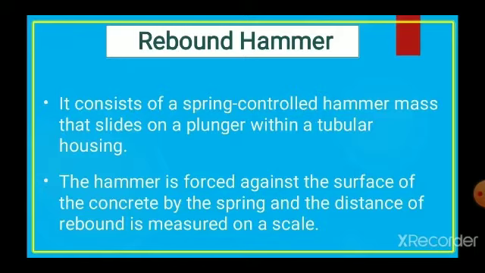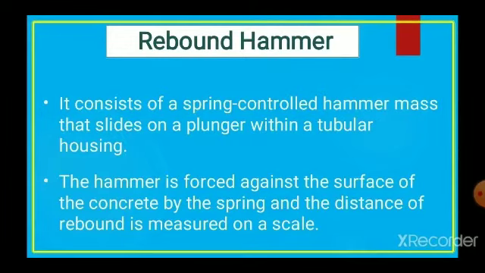The rebound hammer consists of a spring-controlled hammer mass that slides on a plunger within a tubular housing. The hammer is forced against the surface of the concrete by the spring, and the distance of rebound is measured on a scale.